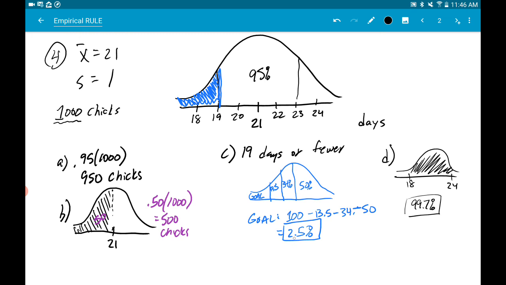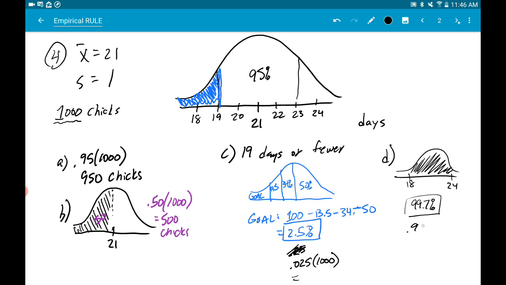When you have 2.5%, I almost made a mistake. This is 2.5%, so that would be 0.025 times 1,000 chicks. That would give the actual correct answer.